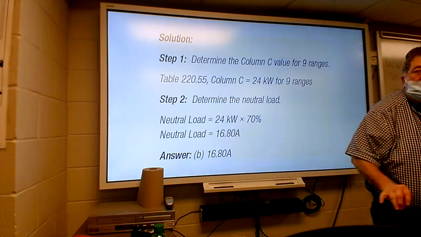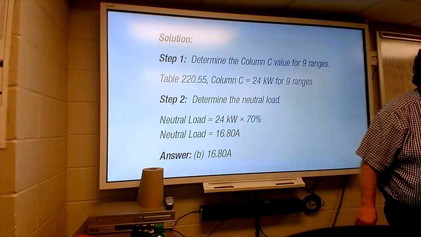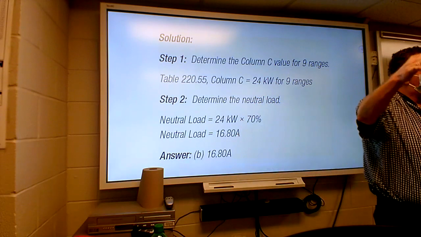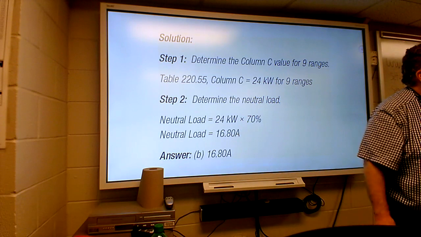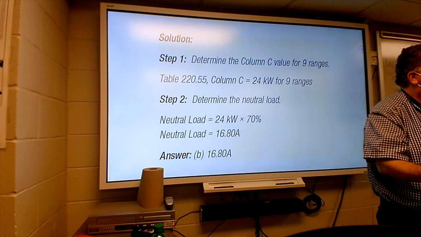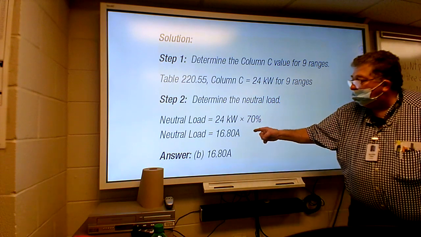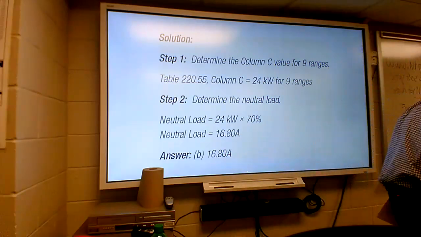There's no way you can take kilowatts times a percent and end up with amps. The only way you can get amps is to take kilowatts divided by voltage. If you wanted to know the amp size of that neutral wire, what do we do? The neutral wire will be sized at 16.8 kilowatts.